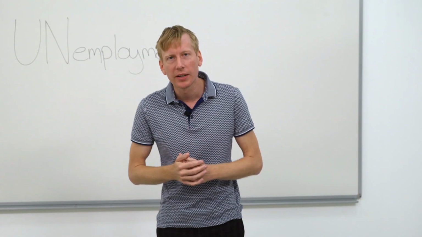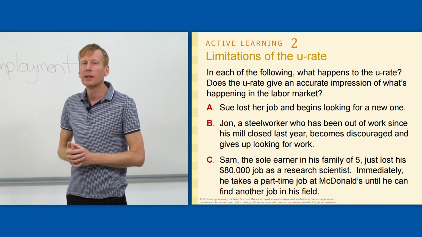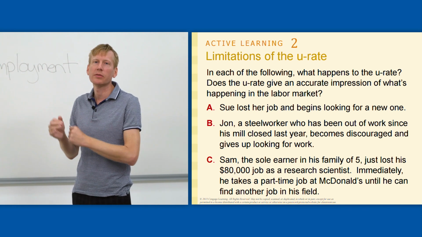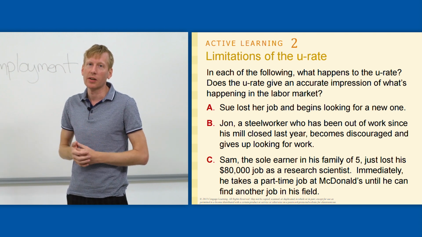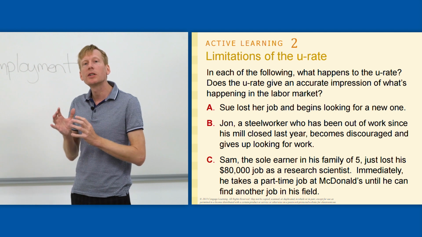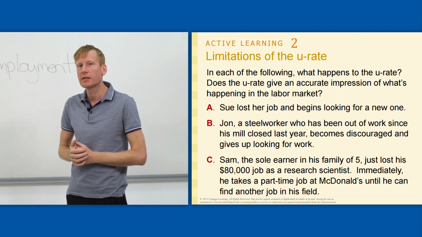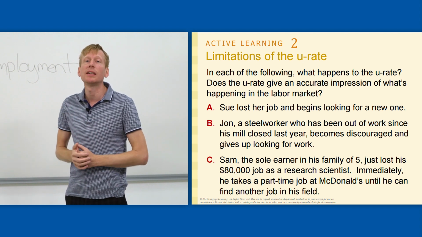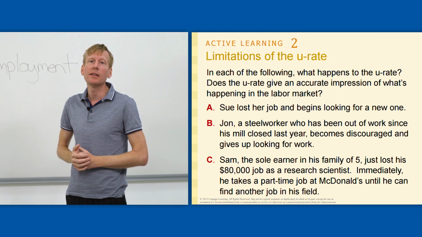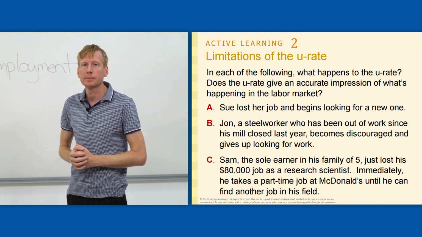Now, next, in our third case, suppose we look at Sam, another hypothetical individual. Suppose Sam is the sole earner for his family, and he lost a job, just like John lost a job and Sue lost a job, in which he previously earned $80,000 a year as a research scientist. Now, suppose because he needs to feed his family, there's no other income earner in that family, he immediately takes another job.